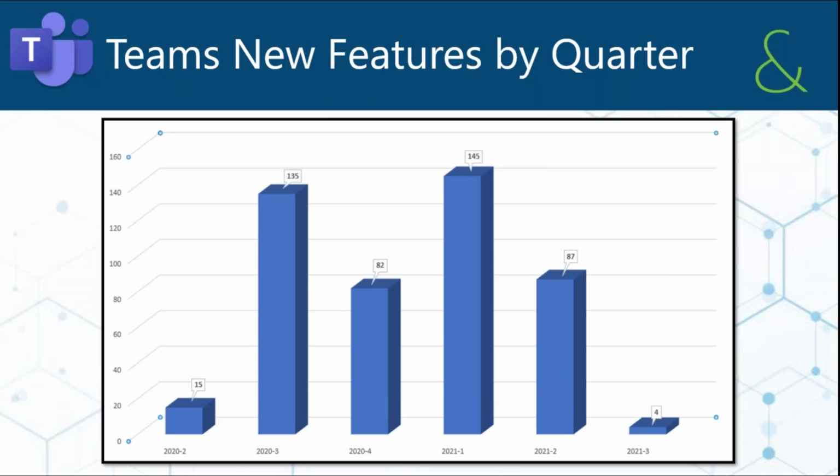If a feature is released for the desktop, the web, Android, and iOS, it's going to show up 4 times. But what it's showing is that they're not slowing down. New features are being released on a regular basis, and it just makes the product better and gives it more use cases with all the functionality they're adding.